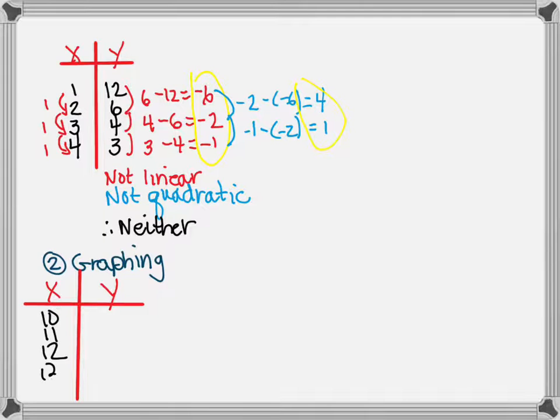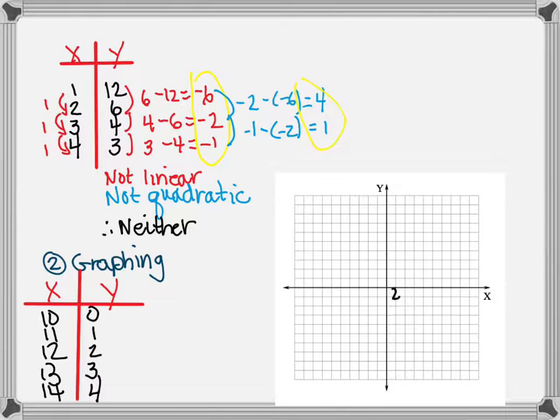So that first table of values we looked at, where we had constant first differences, we had the values 10, 0, 11, 1, 12, 2, 13, 3, 14, 4. And if we plot these, we're going to use a scale of 2 on the x-axis and a scale of 1 on the y-axis in order to fit this data in.